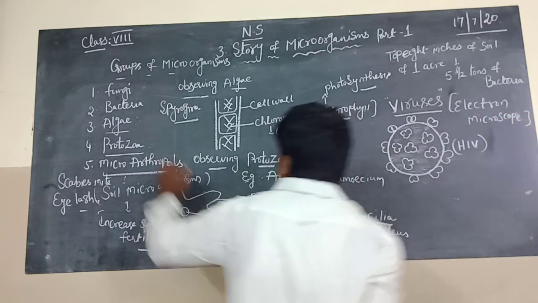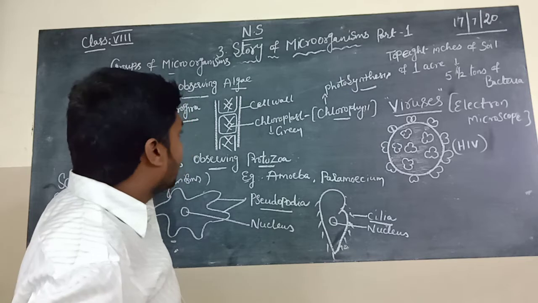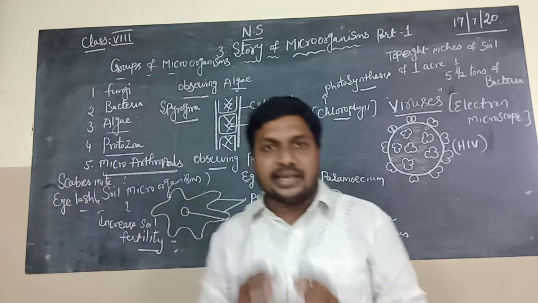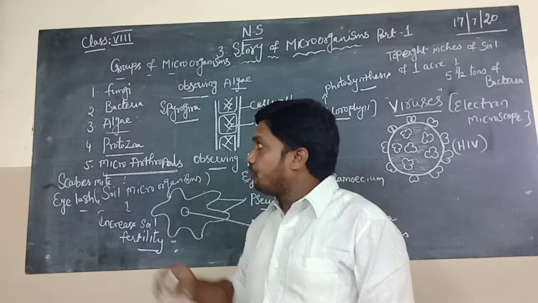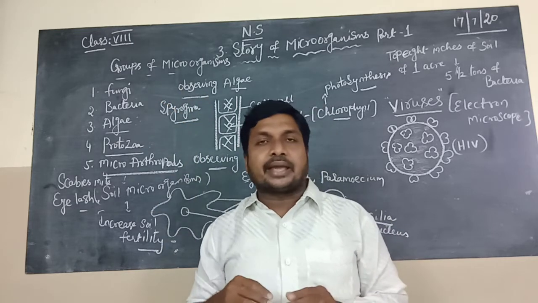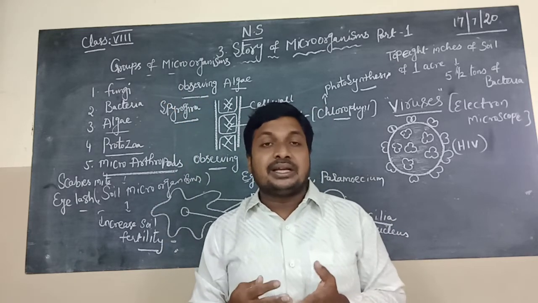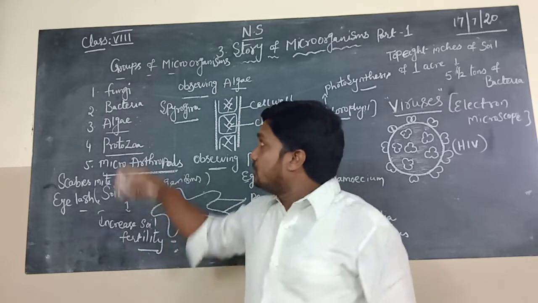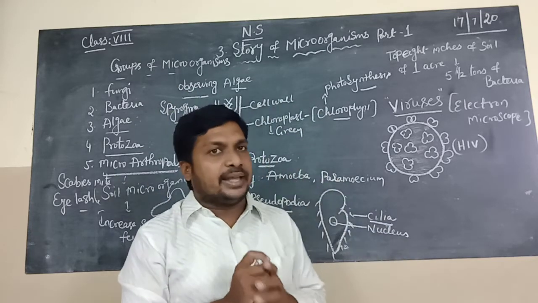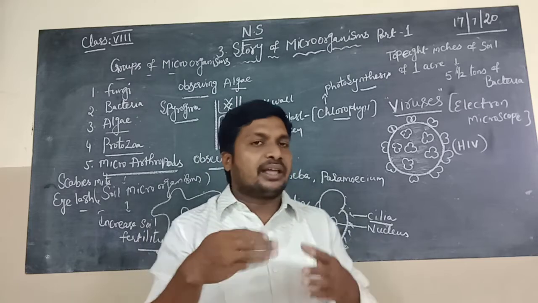Up to here we learned 5 groups of microorganisms. These 5 groups can be seen with an ordinary microscope. Do you know the ordinary microscope can magnify living things 1000 times? Magnify means increase.